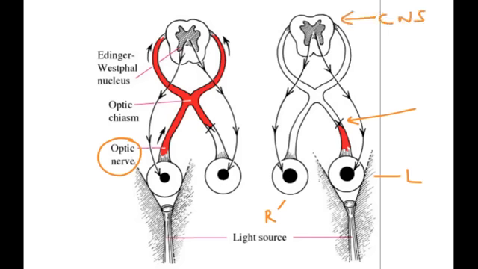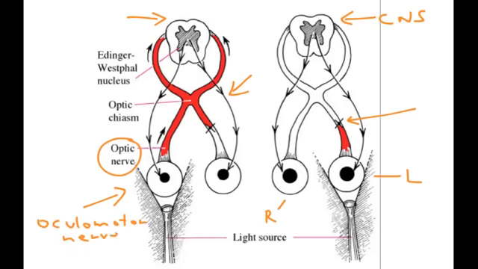So that's why you don't see that constriction of the pupil. But when you shine the light into the right eye, as you can see, the optic nerve transmits the signal to the CNS and then sends an outbound signal here to both the right and left ocular motor nerves.